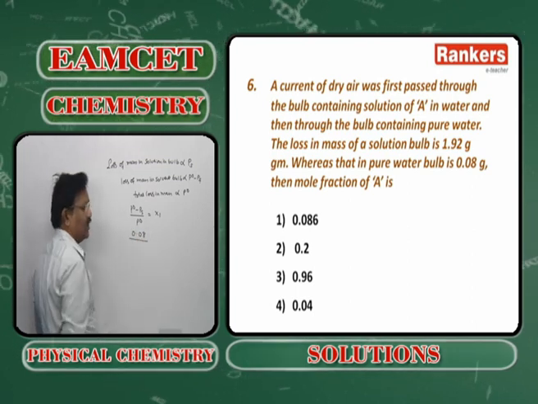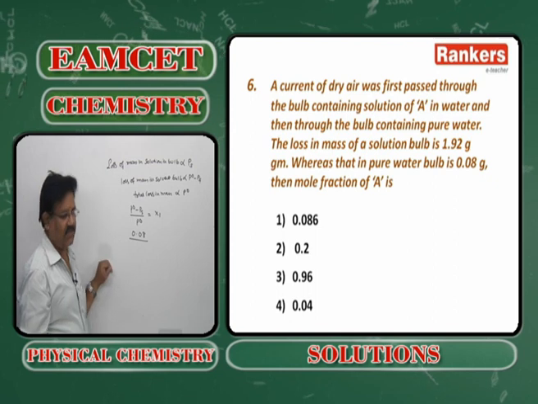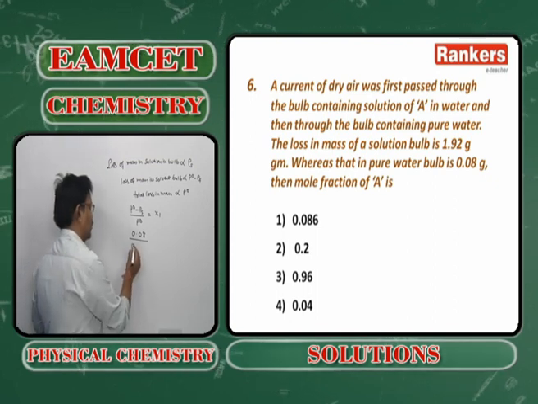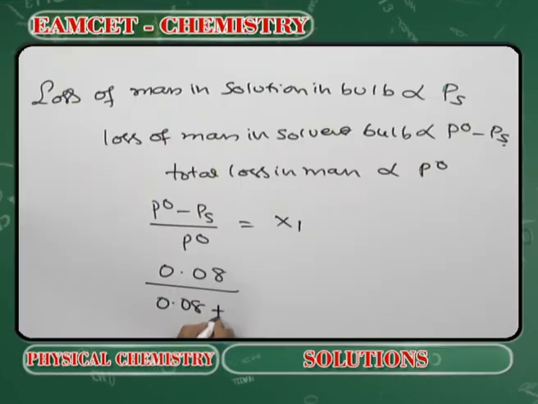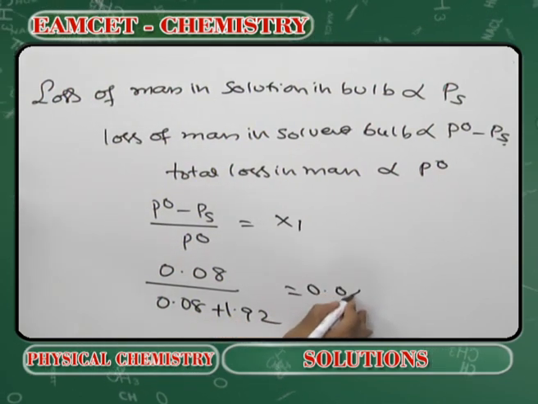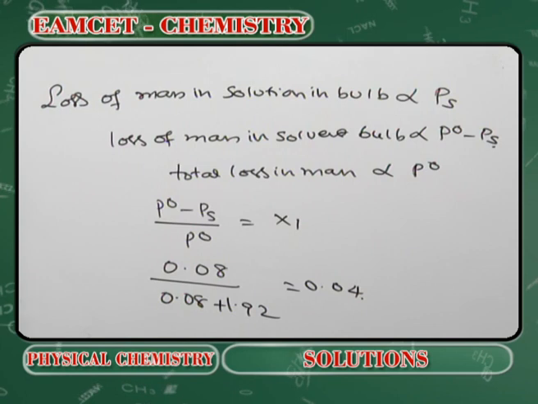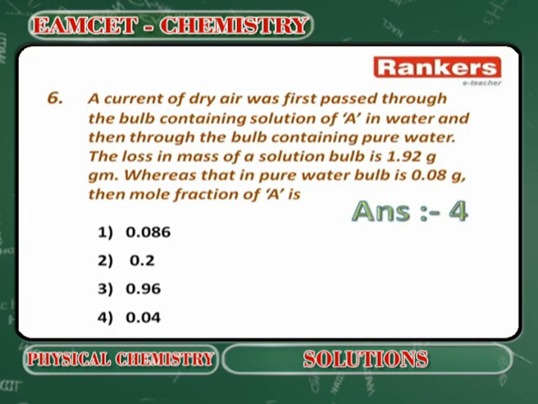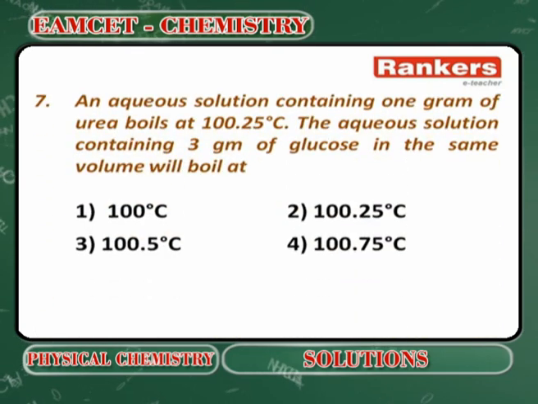The total loss in the mass is 0.08 plus 1.92. The answer comes to 0.04. So option 4 is the answer. These are the important points to be remembered. The next question.